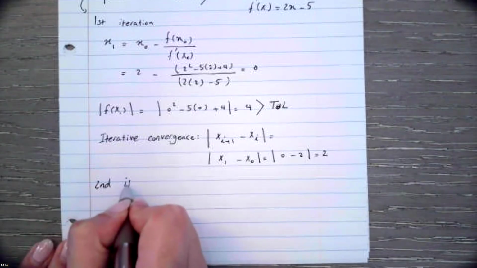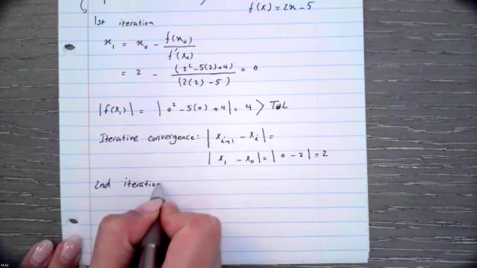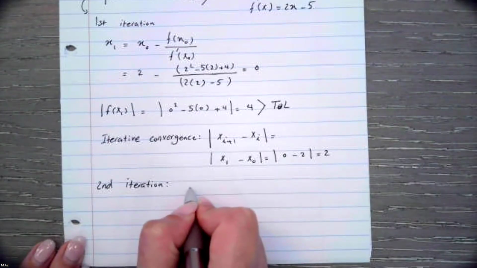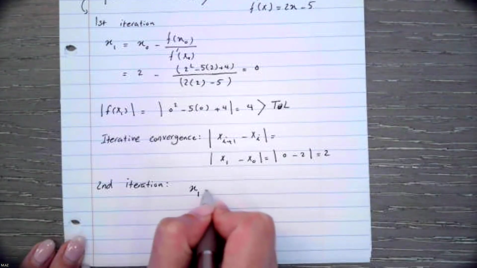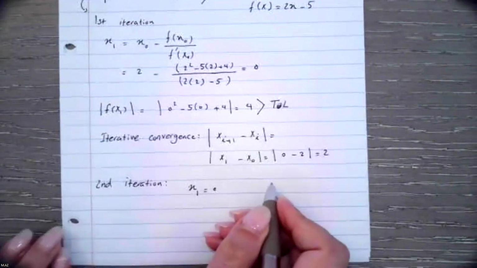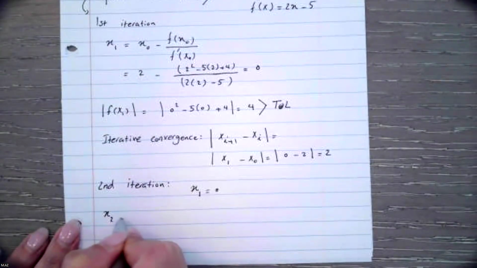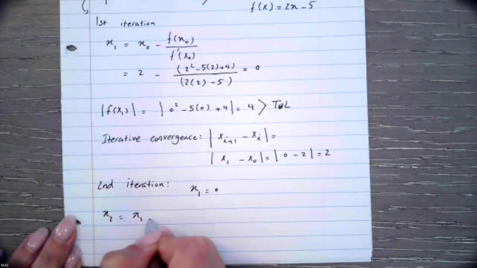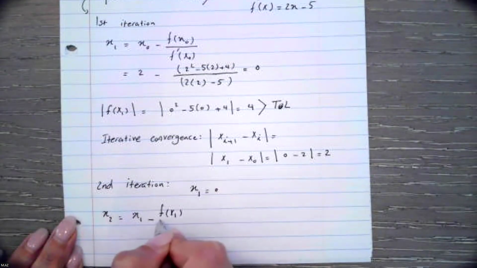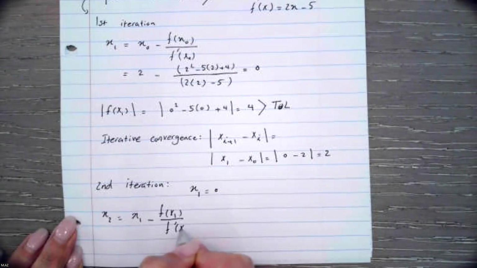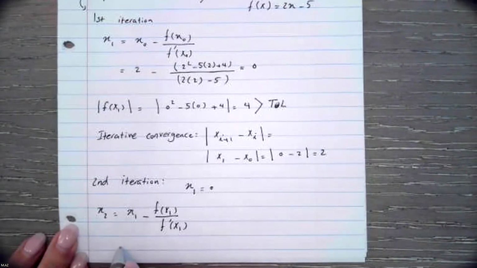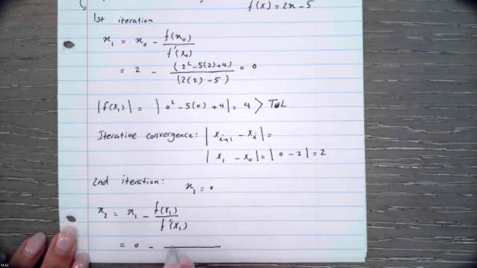For the second iteration, we use the value of x sub 1, and x sub 2 is x1 minus f of x1 over f prime x1. The value of x sub 1 is 0, minus the value of the function at this point.